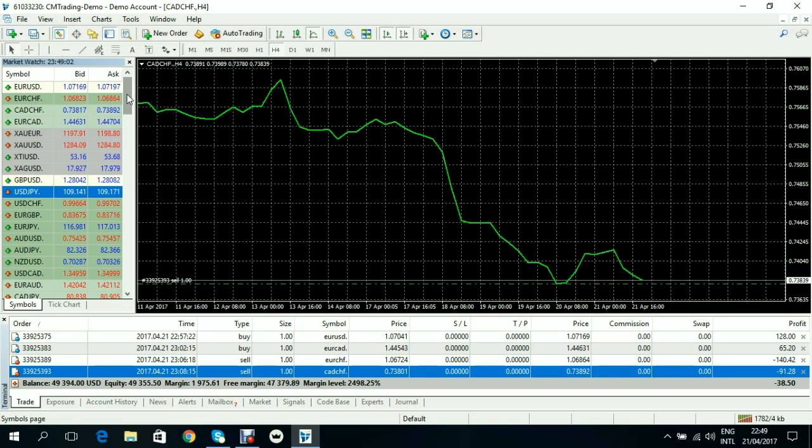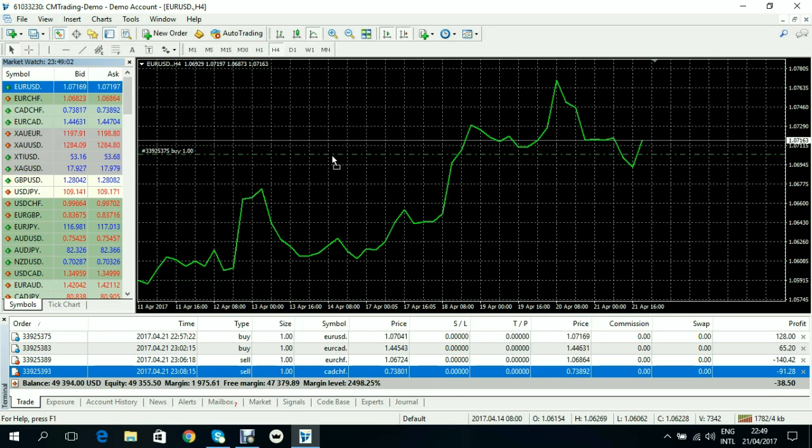Some analysis has to be done here. If, say, we take this pair, though we have used the rule, okay, we can use the golden rule and place the trades, but there is more to it. There is more to it.